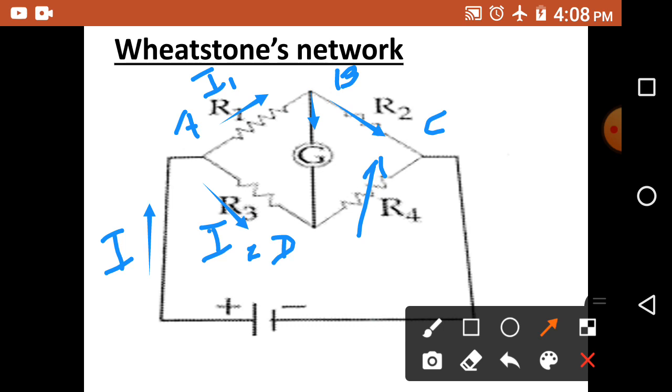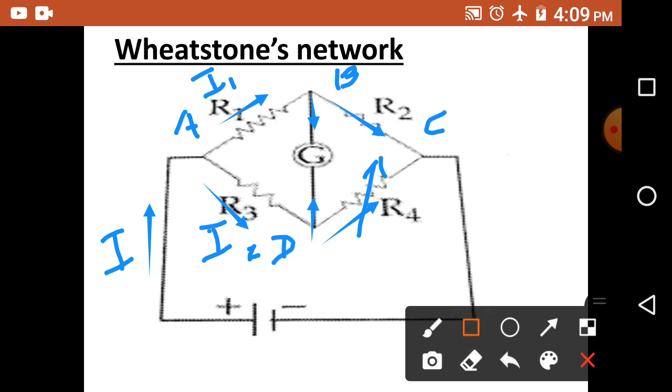Similarly, the current I2 through R3 will reach point D. At point D again the circuit has split, and so part of the current will flow through R4 and remaining part will flow through the galvanometer.